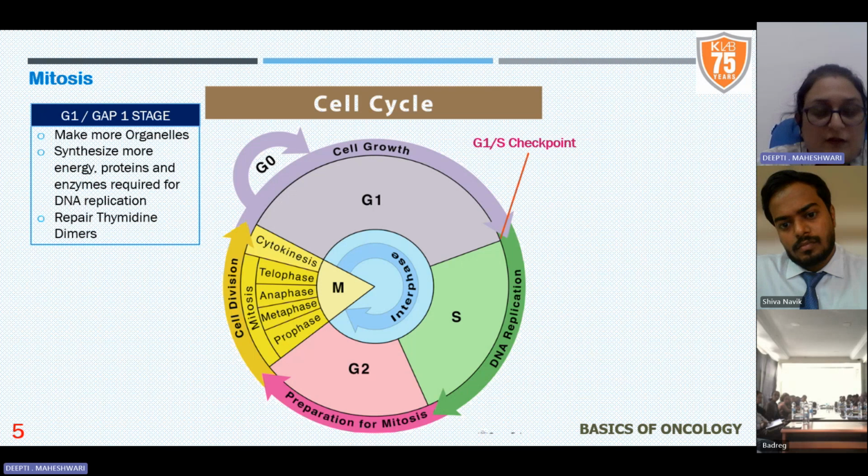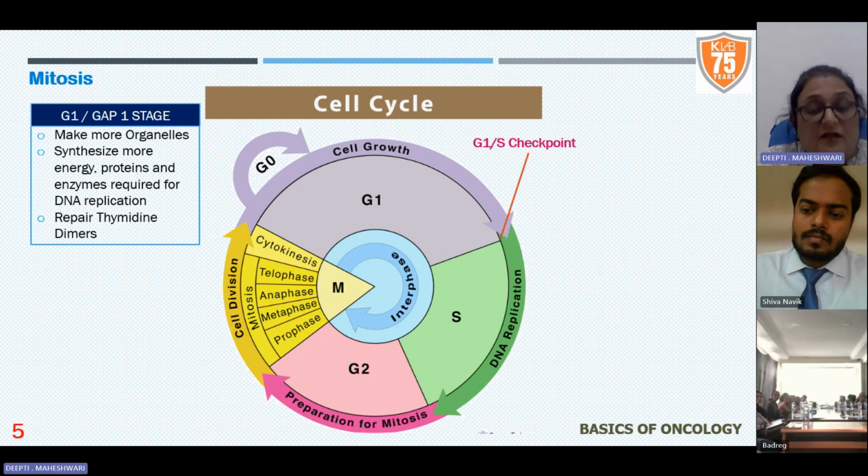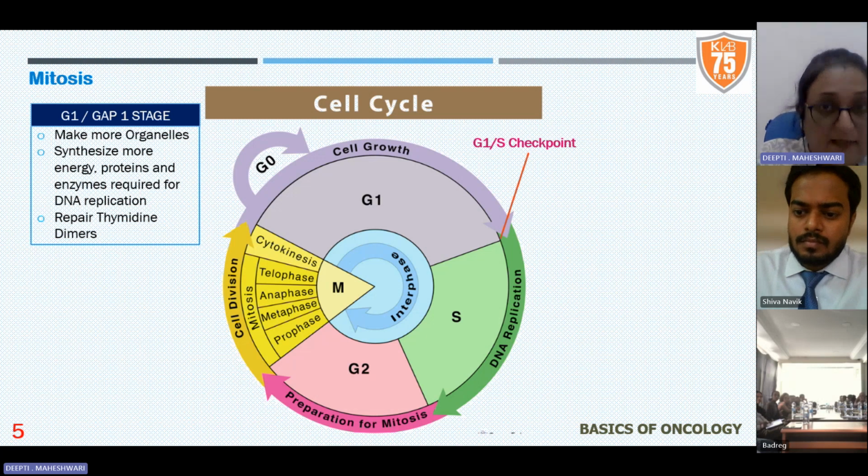The DNA replication phase is a very, very important phase because there are so many steps involved in DNA replication. Plus, DNA replication is the most important phase in the cell cycle.